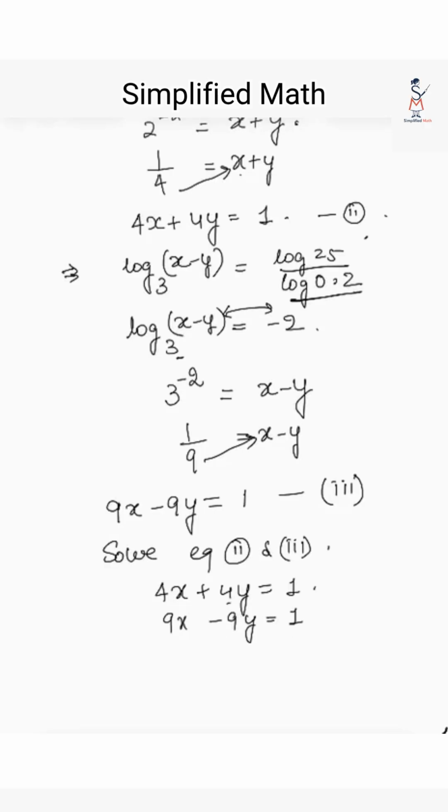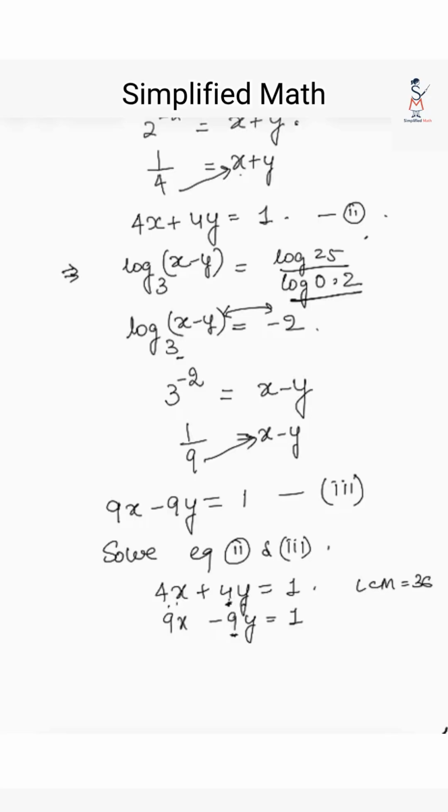We make the coefficient of any one of the variables equal. Either x we will make equal or y. Here I will make the coefficient of y the same. One is 4, one is 9, right? So if I take the LCM of 4 and 9, the LCM becomes 36. So I will change this 4 into 36 and 9 into 36.